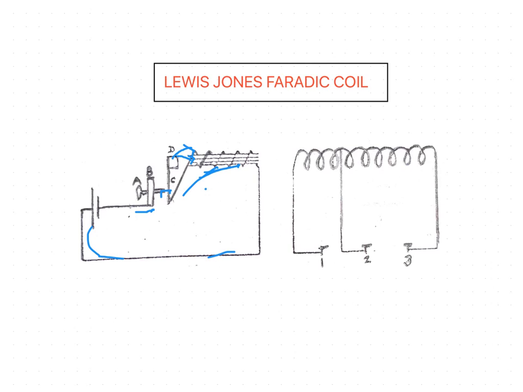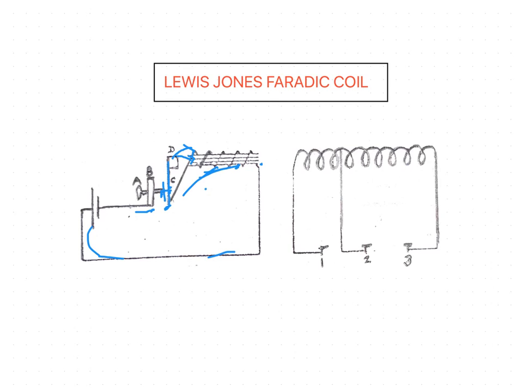The tip of the screw, which has connection with the metal limb of the hammer, is broken here. So then what happens? The current stops flowing in the primary coil. Then the core becomes demagnetized.